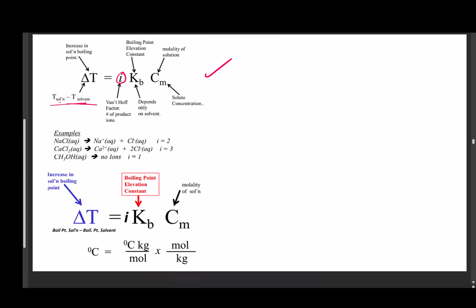Kb being a constant depending on the solvent. So Kb for water is different than Kb, say, for alcohol. And then the third factor, the molality of the solution, which takes into account the number of particles of solute in the solvent there. Number of moles of solute, and number of kilograms of solvent, that you should know.